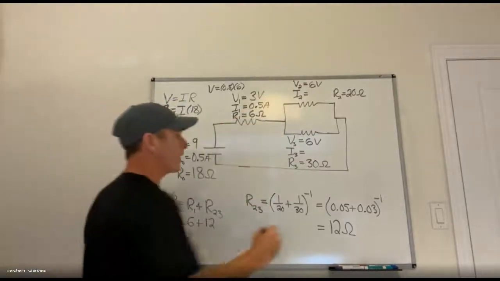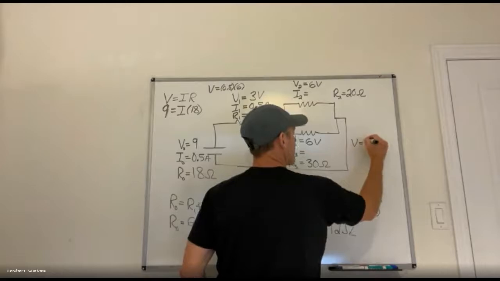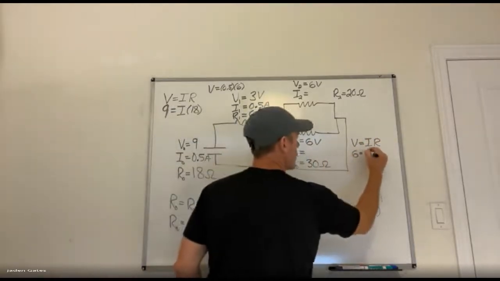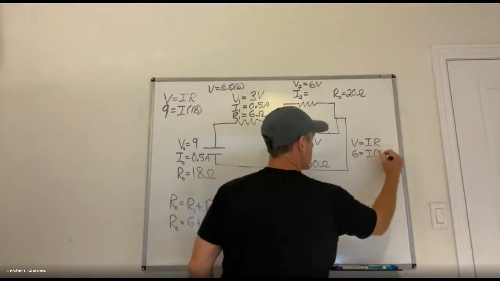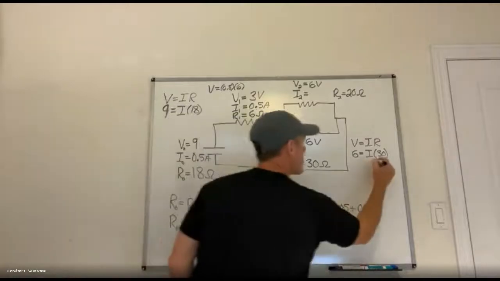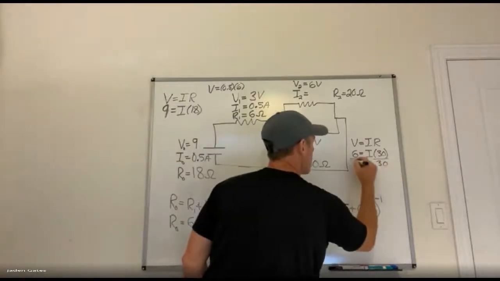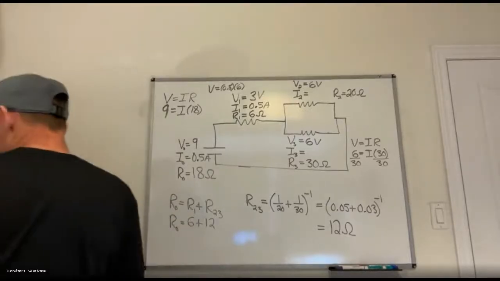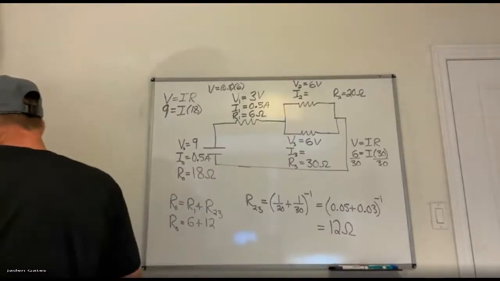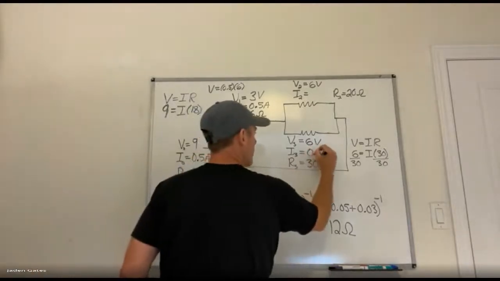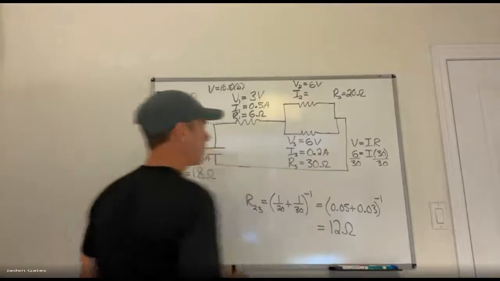And so what I can do again is use V equals IR. My voltage is 6. I'm trying to find the current and resistance is 30. This time I'm going to divide both sides by 30. 6 divided by 30 is 0.2 amps.